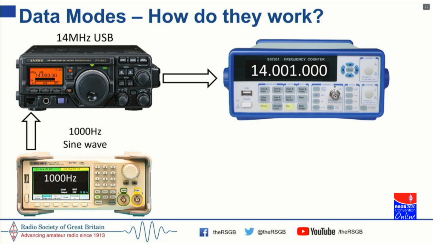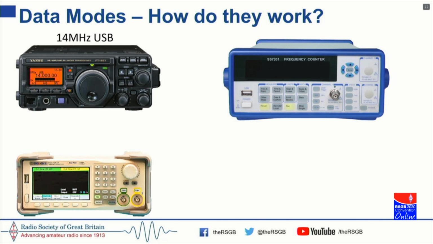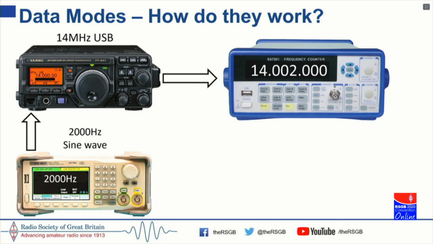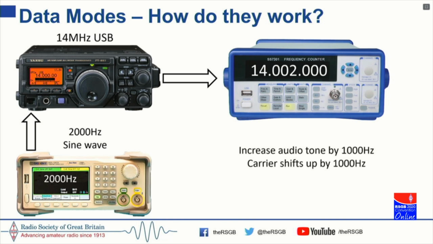So let's try another tone. If we change to 2 kilohertz, what will we get? We get 14.002 megahertz. So if we look at that, what we're getting there, if we increase an audio tone by 1 kilohertz, the carrier shifts up by 1 kilohertz. So what we're effectively doing there is putting a frequency shift in audio produces exactly the same frequency shift at RF.